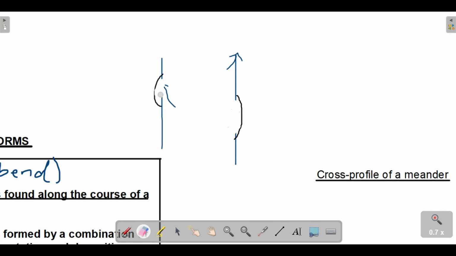You are removing that material off these sides, eating out that material, and now you end up forming a meander. So now your river will start flowing like that.